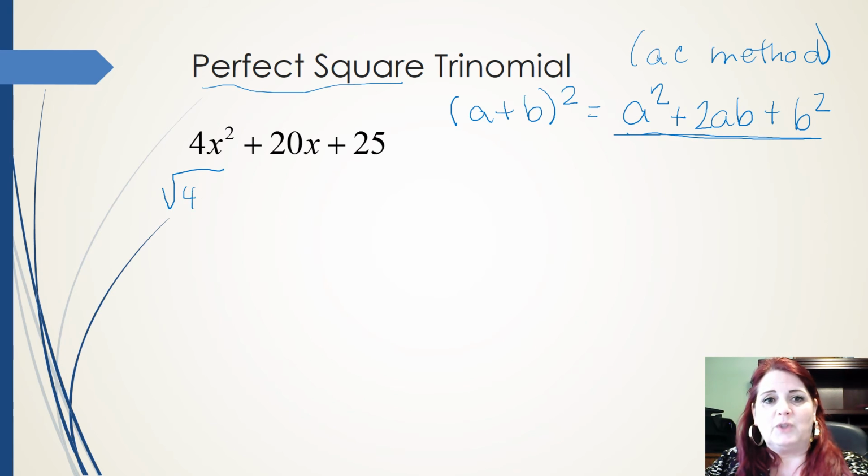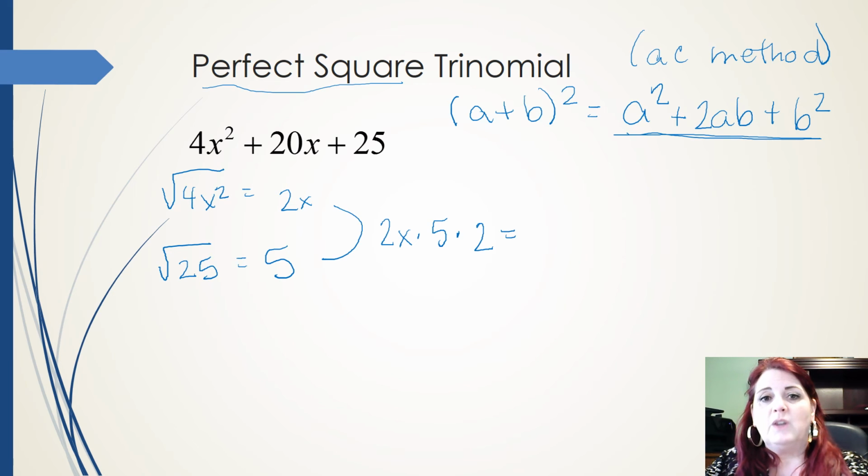So if I want to know if this is a perfect square, I'm going to look at what's the square root of this first term, 4x squared. Well, it's 2x. What's the square root of the last term, 25? Well, that square root is 5. Now if I take these and multiply them together and multiply them by 2, so 2 times 5 times 2x is 20x.